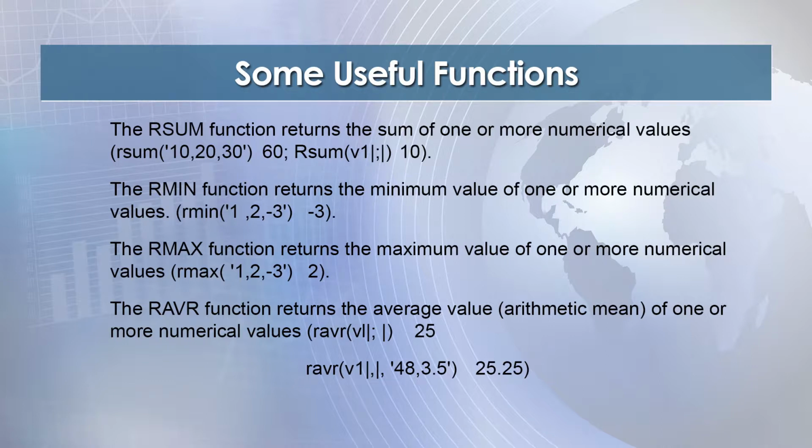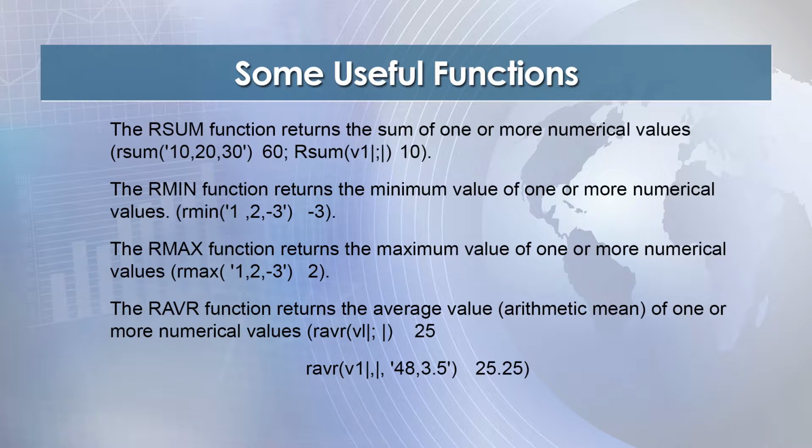Similarly, there is the rmin function to extract the minimum value from a set of given values. Rmin 1, 2 and minus 3 will retrieve minus 3 as the lowest value. Similarly, there is the rmax function to retrieve the maximum value from a given set of fields. Rmax 1, 2 and minus 3 will retrieve 2 as the maximum value from the 3 given data.